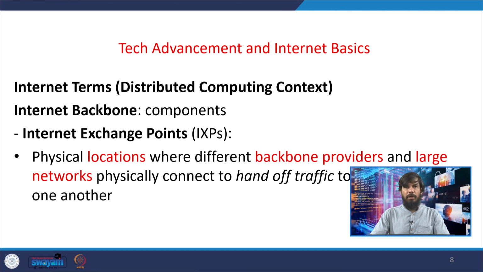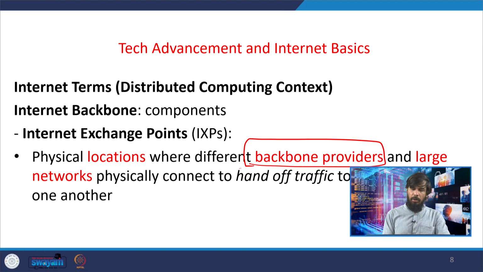Then there are internet exchange points that we have spoken about in previous sessions as well. These are physical locations where different backbone providers meet. The internet backbone might be provided by certain large telecom firms, mostly from developed countries.